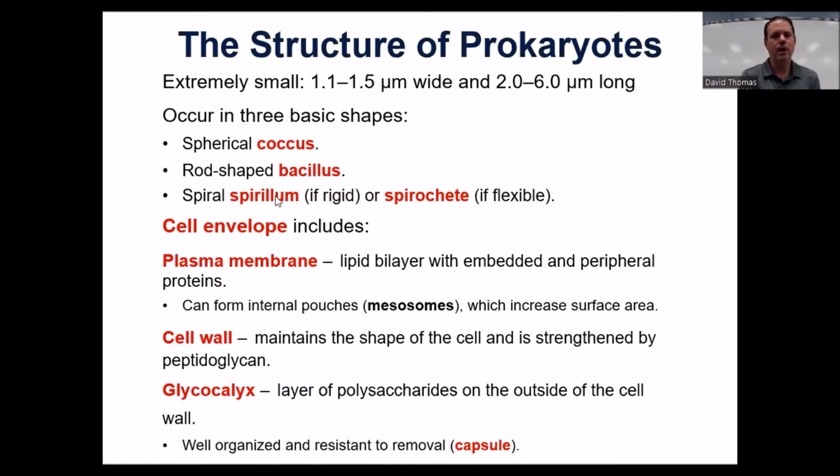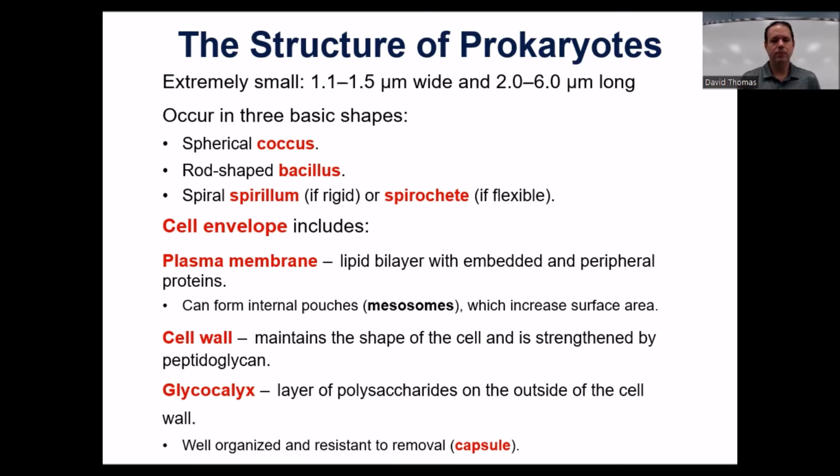They do have a cellular envelope that surrounds the cell, and it's usually composed of three main parts. The first is the plasma membrane. We'll see some pictures of this. This is essentially a lipid bilayer with some proteins and other molecules integrated as part of it.